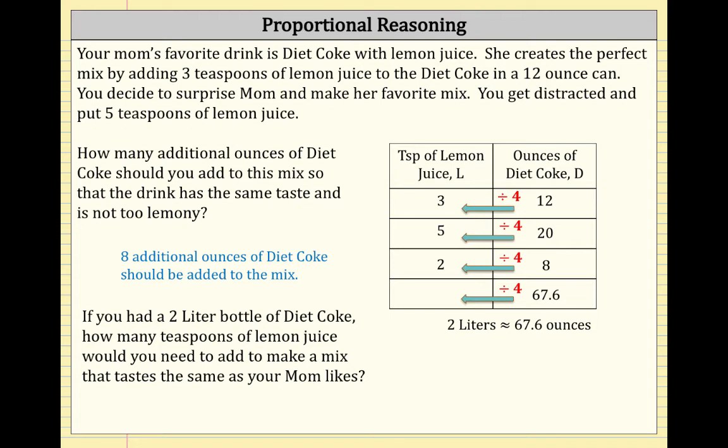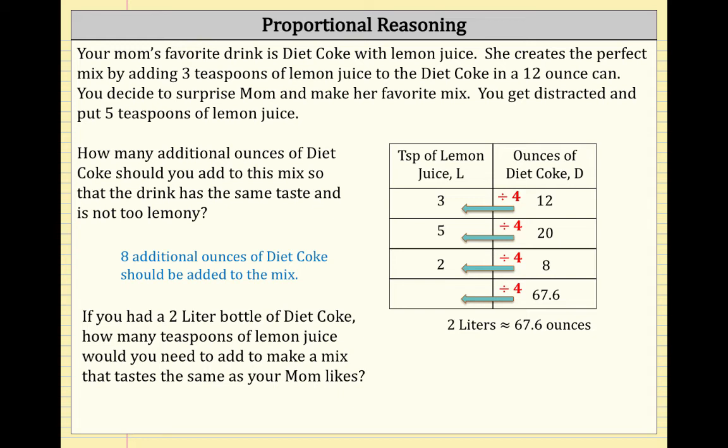So the reverse of multiplying by 4 is dividing by 4. In the table, you can see 12 divided by 4 is 3. Similarly, 20 divided by 4 is 5, and 8 divided by 4 is 2. So if we take 67.6 and divide by 4, we're going to get the number of teaspoons of lemon juice needed.